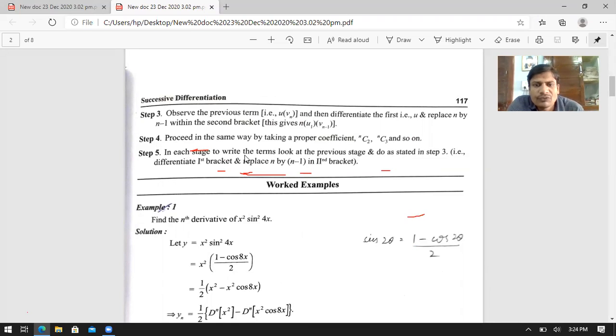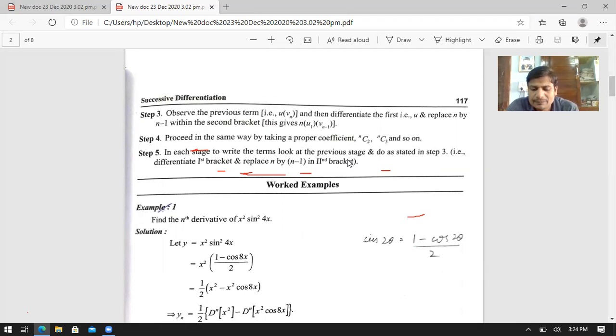In each stage, we write the term: look at the previous stage, differentiate the first bracket and replace n by n minus 1 in the second bracket. Remember this one. Differentiate the first bracket, then replace n by n minus 1 in the second bracket. This is the first bracket and this is the second bracket.